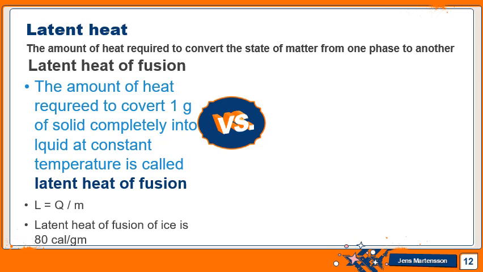This is about the latent heat of fusion: the extra amount of heat energy required to convert 1 gram of solid ice completely into water or liquid at constant temperature is called latent heat of fusion. Now we'll learn about latent heat of vaporization. It is simply a phase change from liquid to gas.